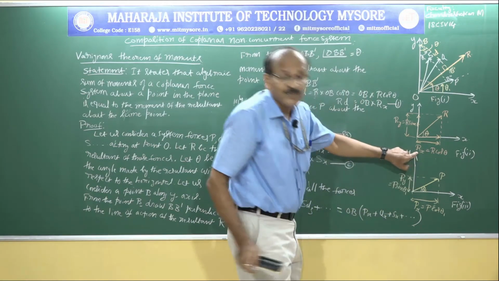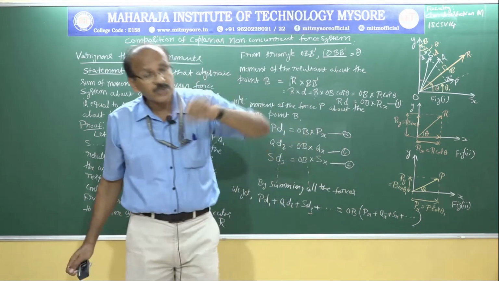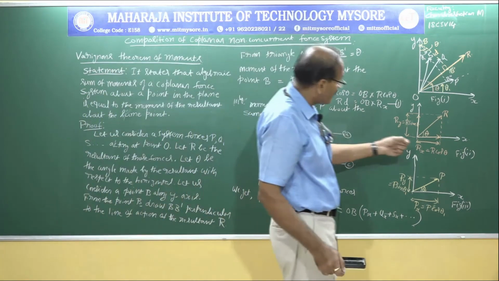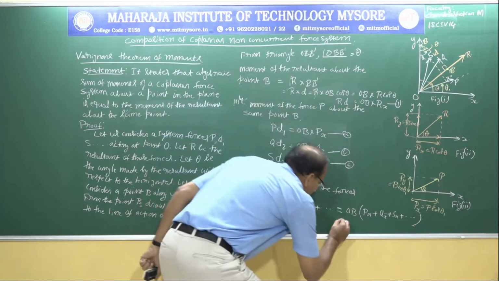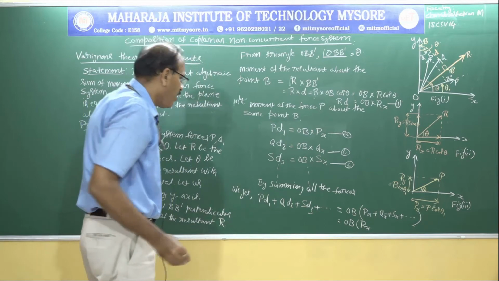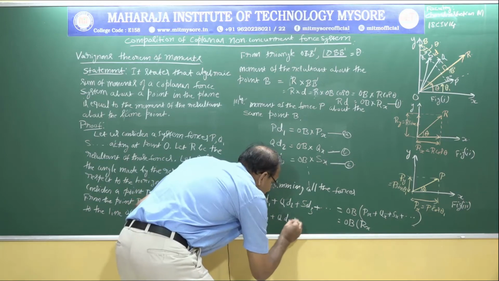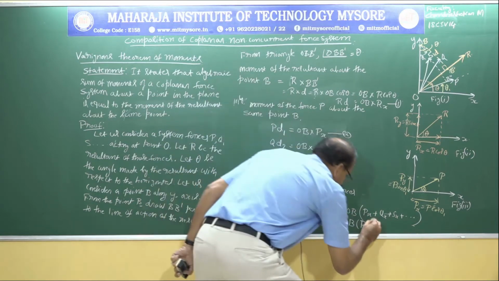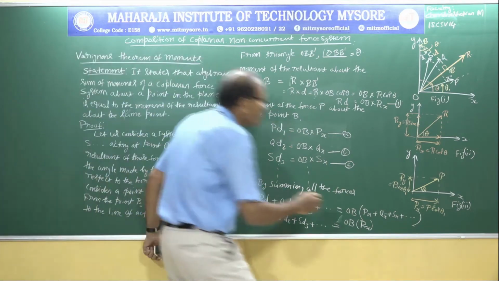That is nothing but Rx. This is the algebraic sum of the horizontal components of all the individual forces, which should be equated to the horizontal component of the resultant. So I can write OB multiplied by Rx. So PD1 plus QD2 plus SD3 plus etc. is equal to this. I am going to call this equation 2.